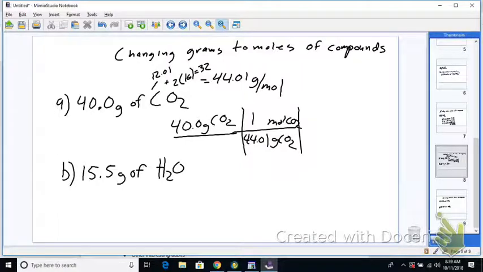Got it? So we're doing the same process as what we did with atoms, but now we're doing it with molecules and number of grams per molecule. So that answer would be 0.909 moles of CO2. You guys do B and see what you come up with.